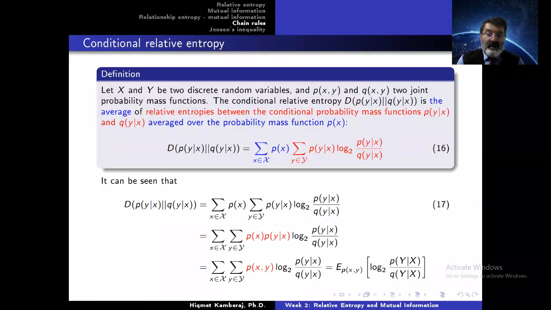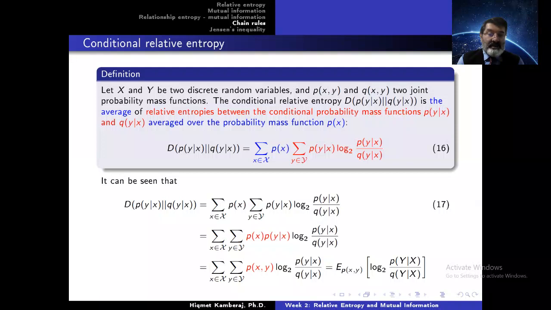Then I have p of x times p of y given x, then log with base 2 of the ratio as it is on the first line. Now, the terms shown in red on the second line can be grouped together: p of x times p of y given x. Then this gives me the joint probability mass function between x and y.